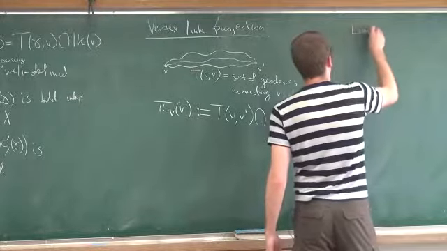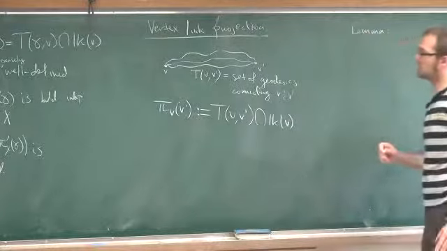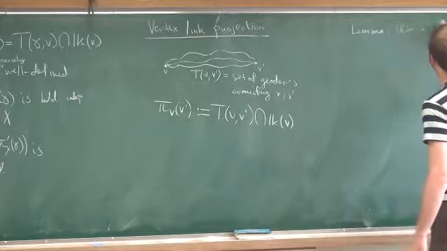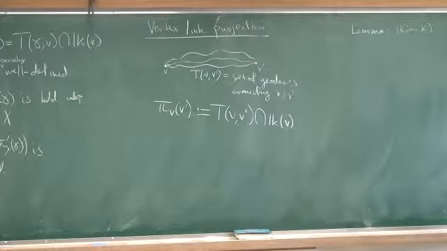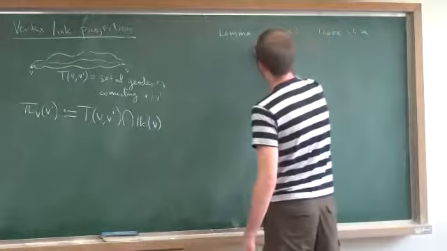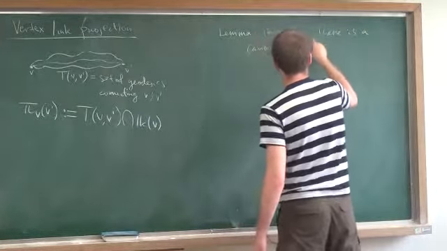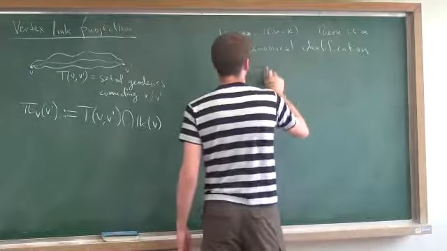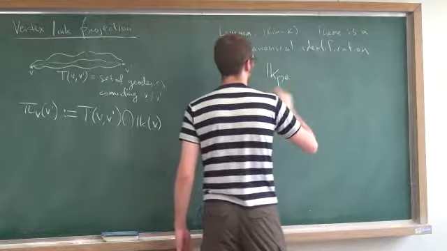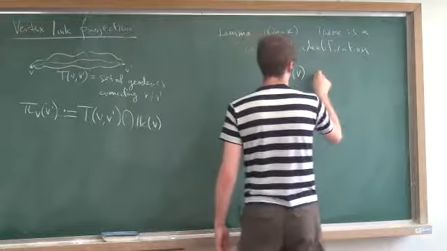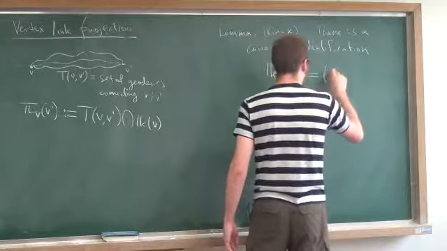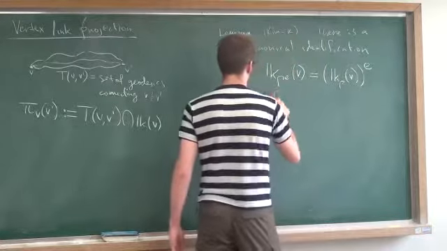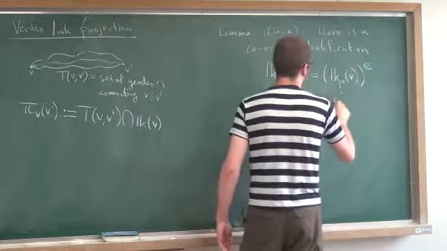An important lemma that will allow us to pass between the graph and its extension graph more easily is that there is a canonical identification between the link in the extension graph of v with the link in gamma of v, extended, for all vertices of gamma.